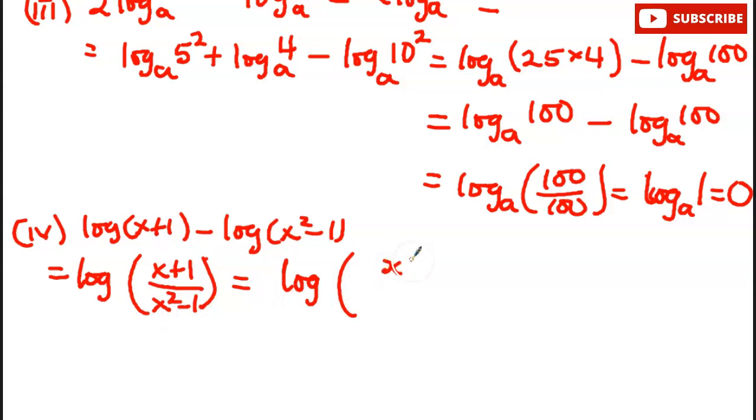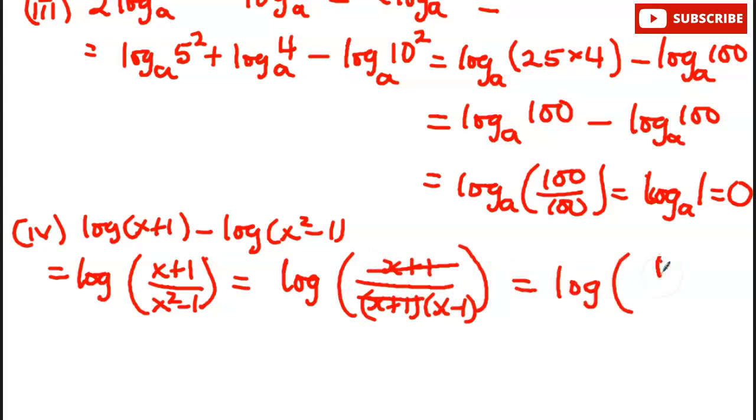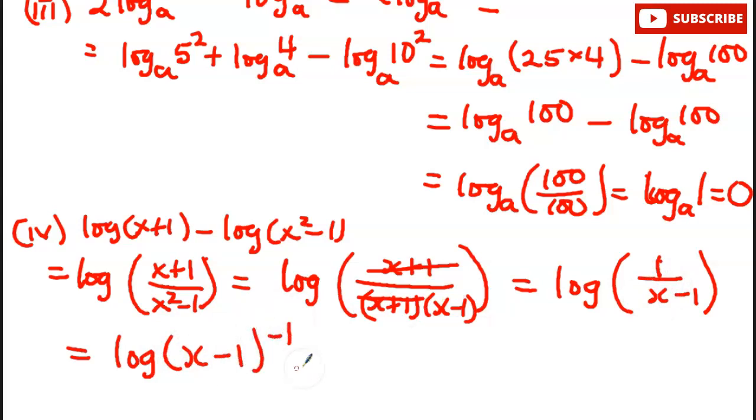So we have x plus 1 over x plus 1 times x minus 1. This x plus 1 will cancel that one. So you have log of 1 over x minus 1. In indices, we can write this as x minus 1 all raised to the power minus 1. And by power law, we bring it out as minus 1 log of x minus 1.